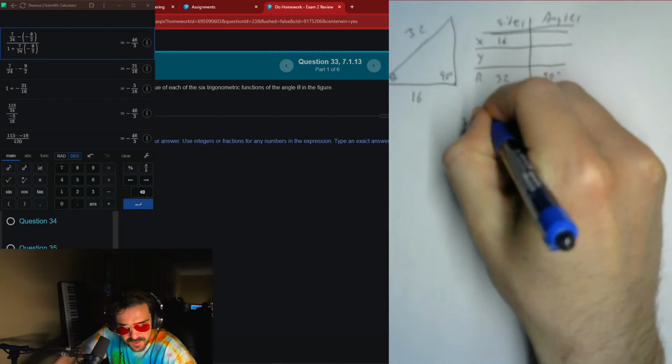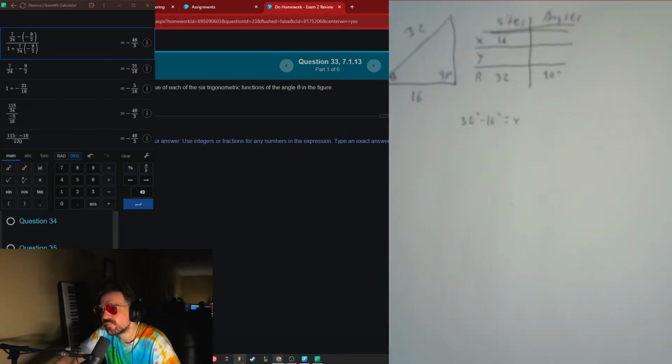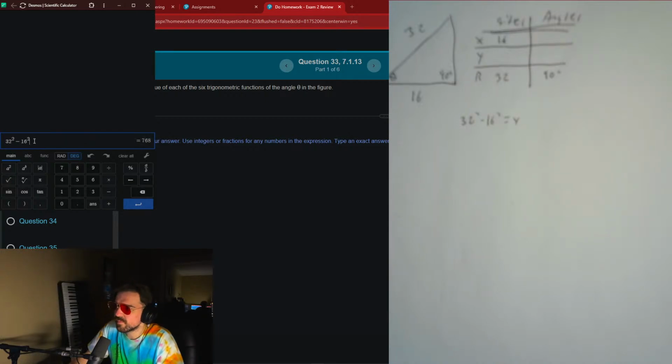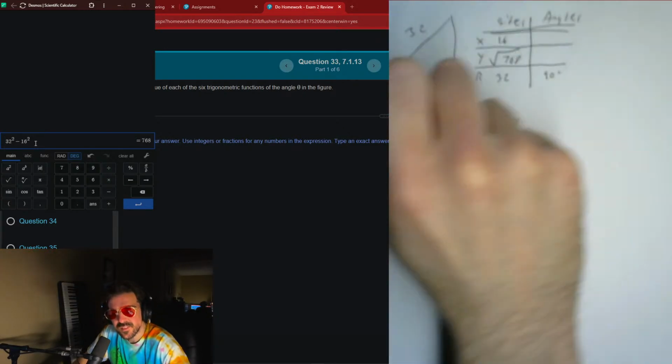So 32 squared minus 16 squared equals y. Oh, so nice to get rid of that. Square root of 768. Let's just double check though.